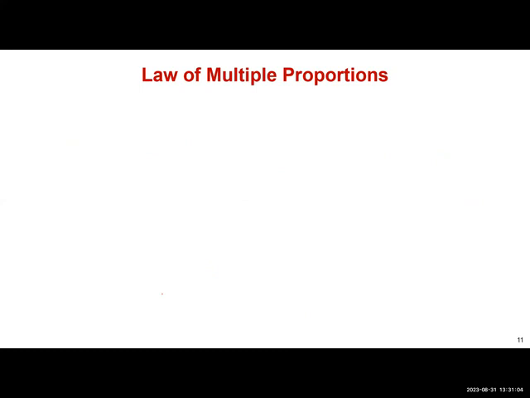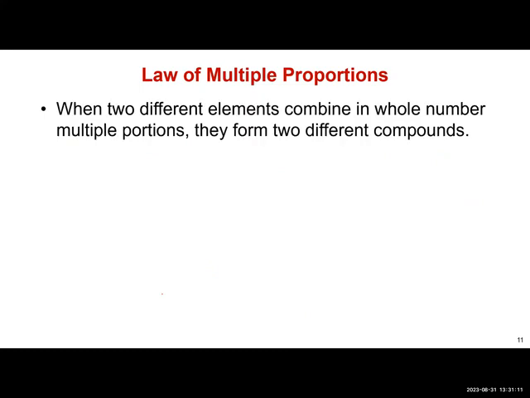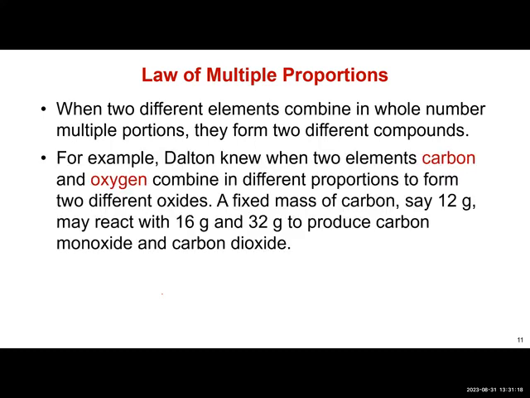There is also a chemical law observed in chemical reactions. When two different elements combine in whole number multiple ratios, they form two different compounds. In compounds of carbon and oxygen, carbon can combine with one oxygen or with two oxygens.